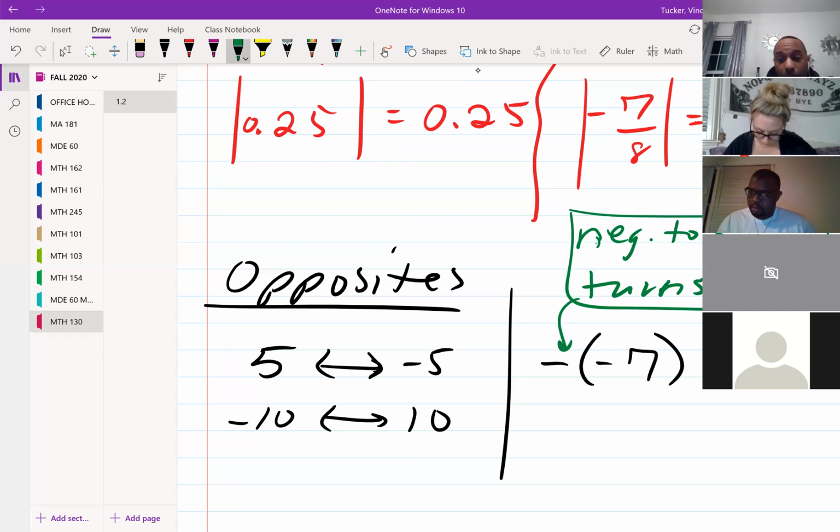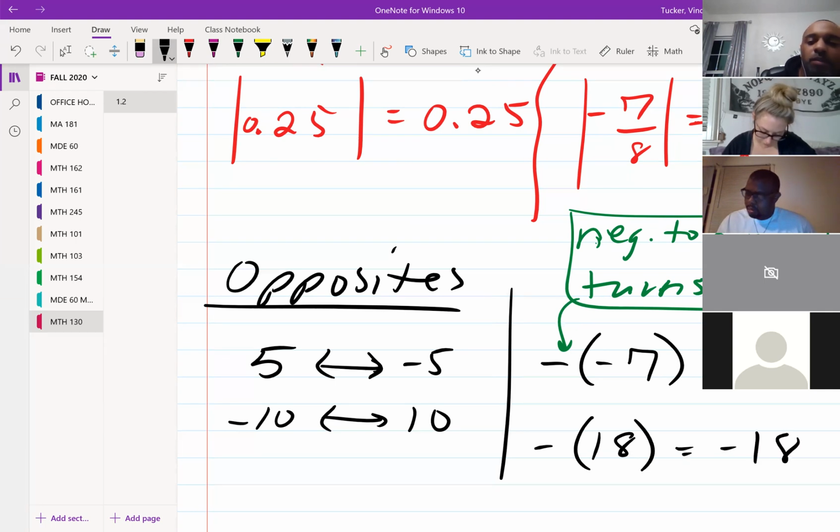So negative to a negative will turn your number positive, just like if you want to do the application of negative to a +18, then that will be -18. So the negative sign just invokes the opposite of whatever number you're dealing with.